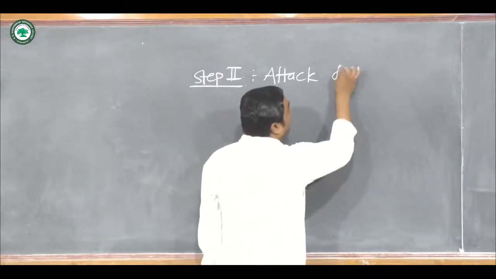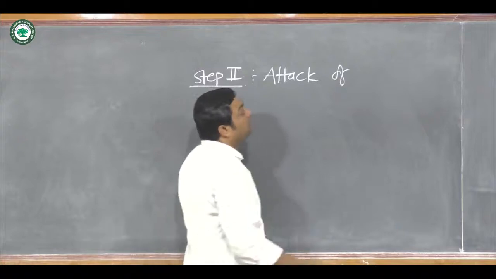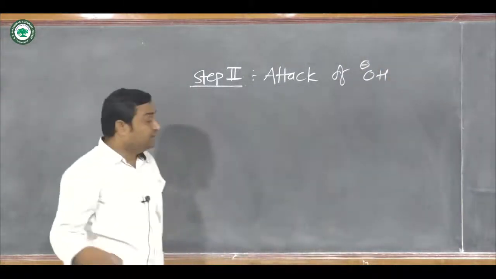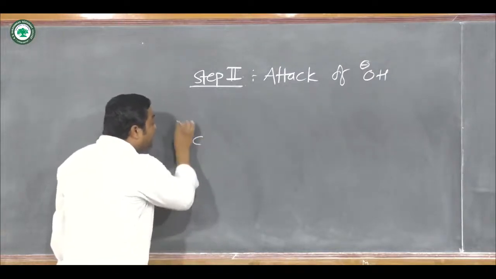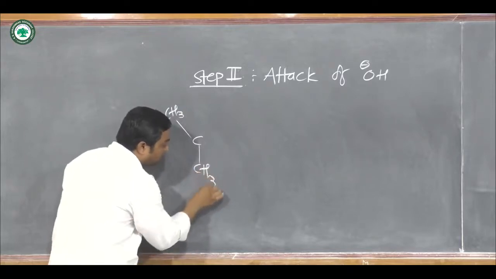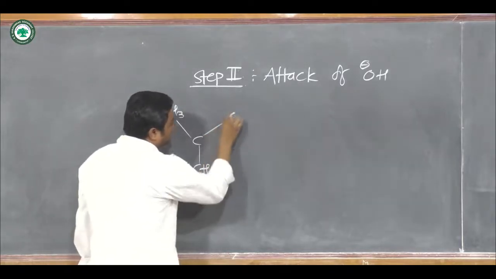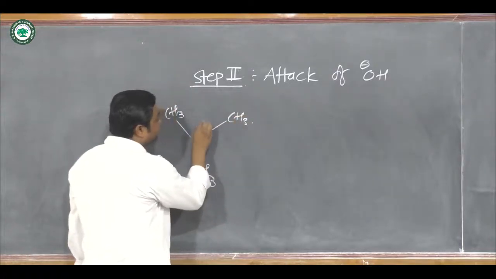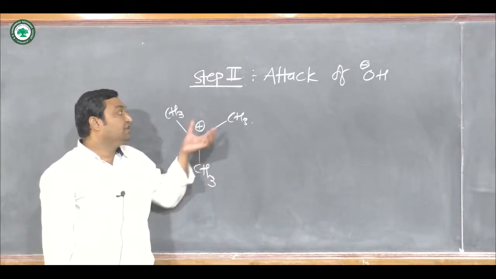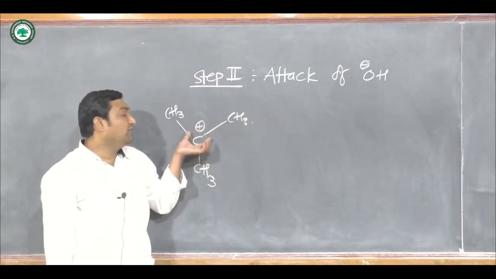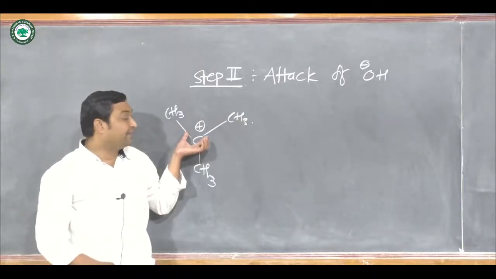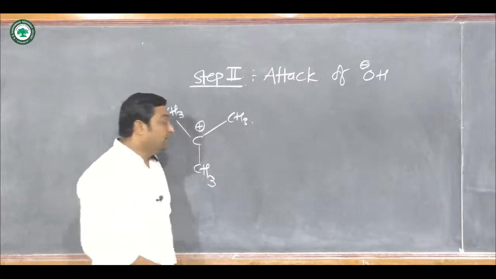That's why I am going to write attack of OH negative. We know that the carbocation which is formed in first step is planar in nature. That's why the nucleophile will attack from both sides, that is from the front side as well as from the back side of this molecule.